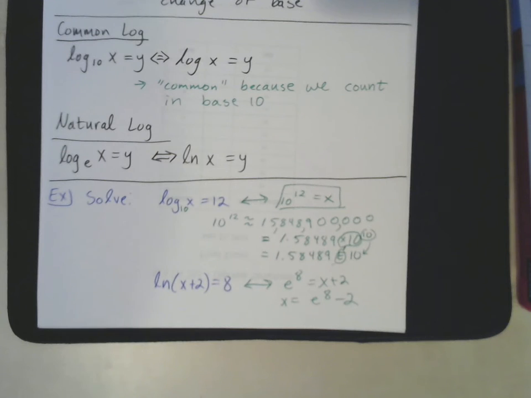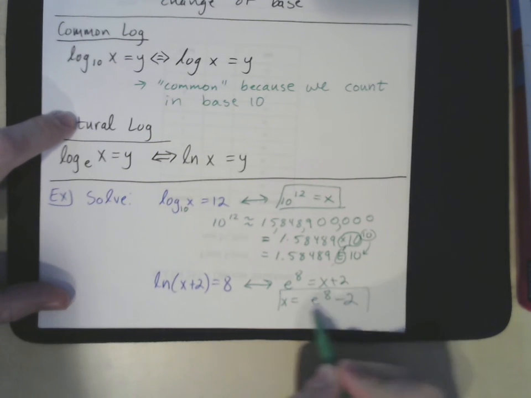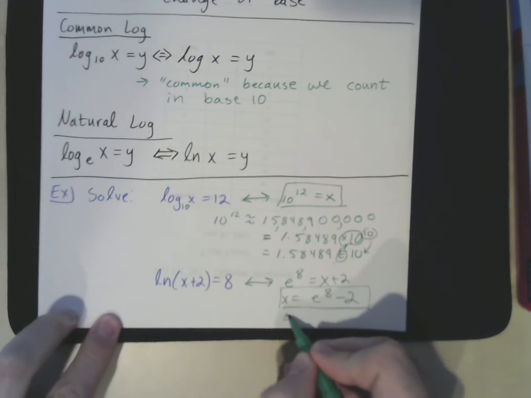And this is how we're going to leave it. E, as I said, is transcendental, which means that it's never going to be a nice number when you put it into your calculator. It's 2.7 something. So we're going to box this up and call this our final answer. Remember, this is the exact answer.